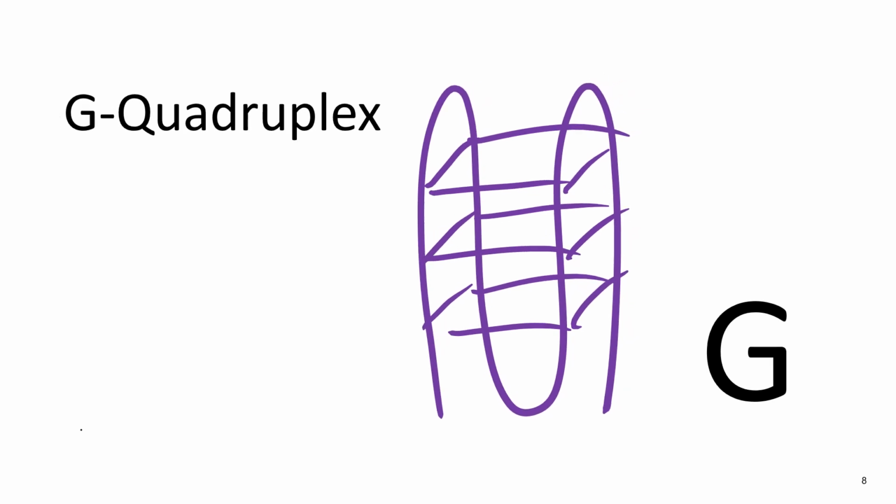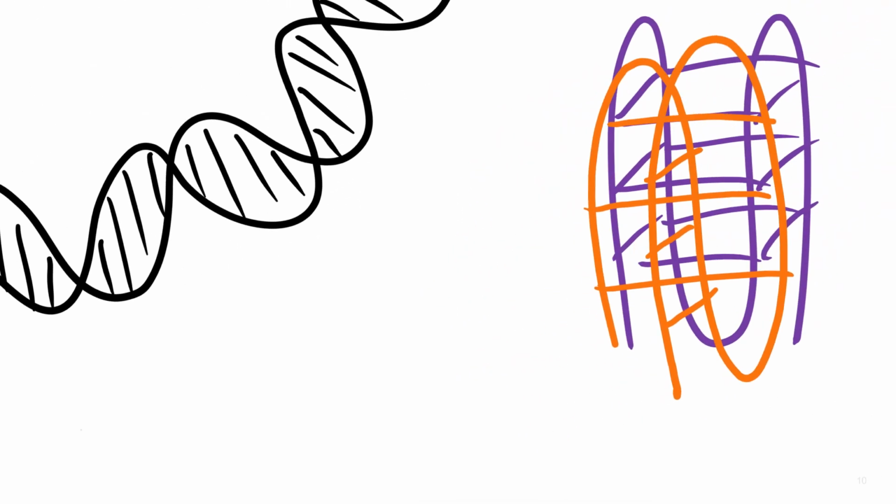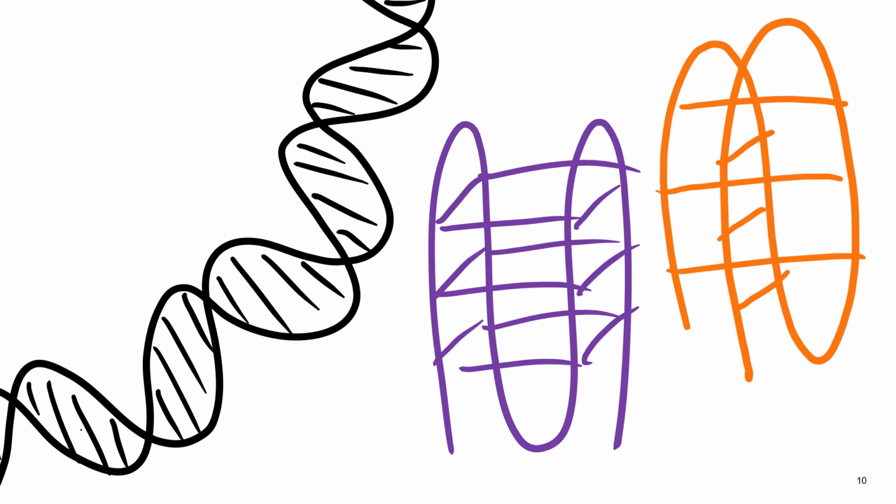DNA, which is composed mainly of the base G or guanine, can form unusual structures such as G-quadruplexes. And DNA, which is composed mainly of the base C or cytosine, can form unusual structures such as i-motifs. These both look very different to the iconic double helix.